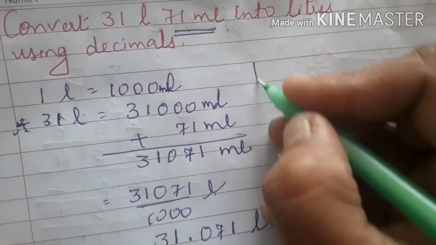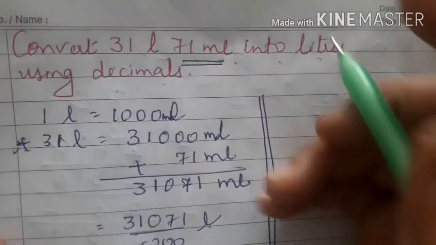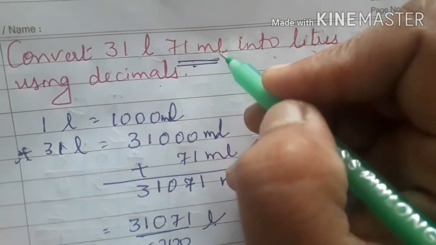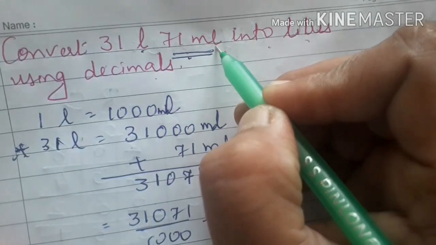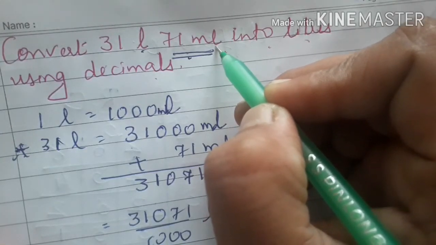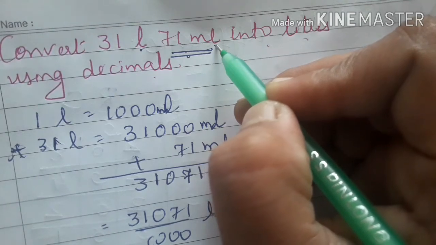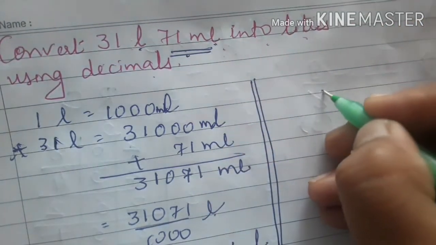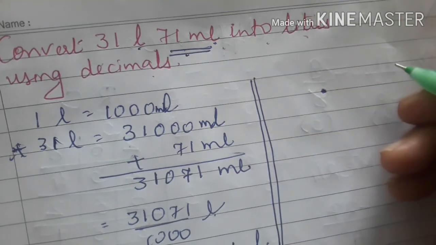Now this can also be done directly. It's a question of liters and milliliters, so you have to recall that 1 liter is 1000 milliliters. So after the decimal point, you should have 3 digits, right? And before the decimal point, you write the bigger unit, and after the decimal point, the smaller unit.